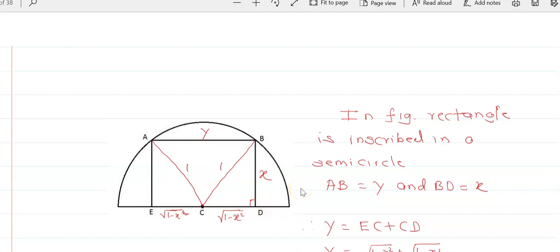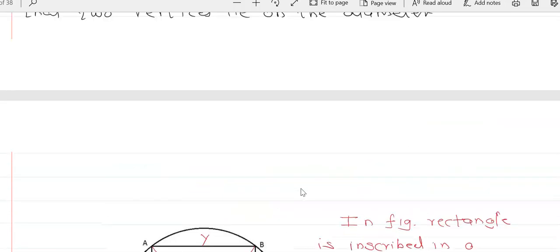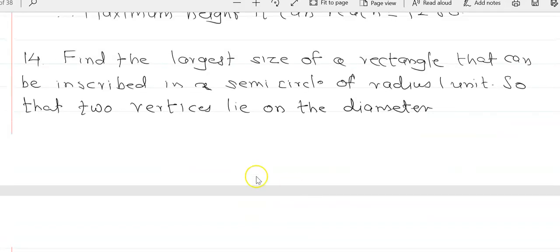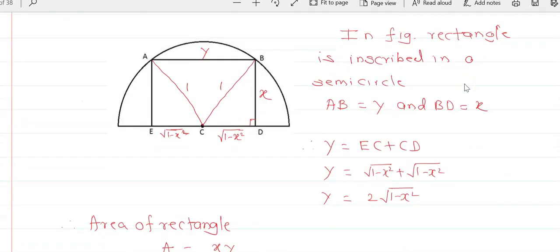Now next, the radius of the circle. Find the largest size of a rectangle that can be inscribed in a semicircle of 1 unit radius. It means we are given that BC = 1, AC = 1.